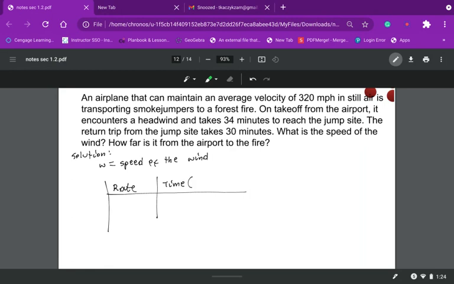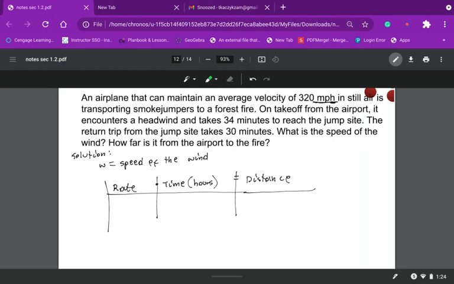For time, we have to use hours, because they give you the velocity of the plane in miles per hour. So that's why we have to use hours as units. And of course we'll use the distance formula, so rate times time will give you the distance.